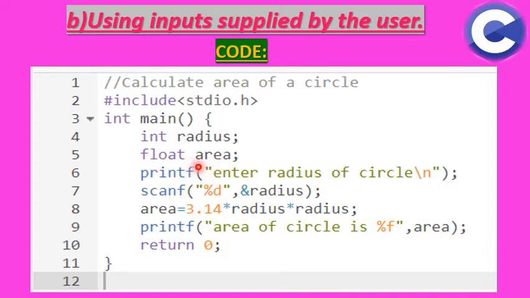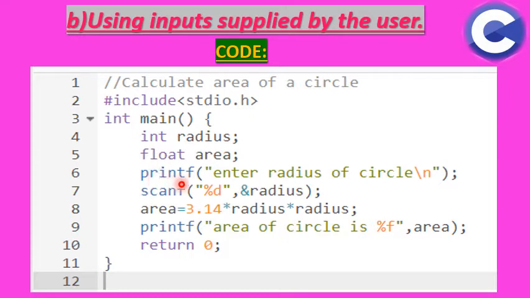Since you know the formula for the area of a circle is pi r square, that is pi into r into r, it is mostly possible that your area will be a real or decimal value. Then you need float. That's why I wrote float.